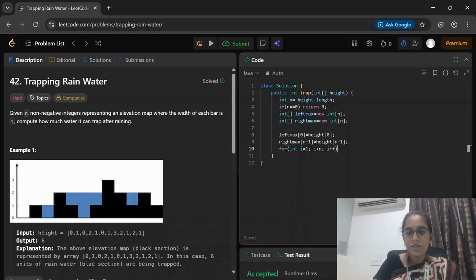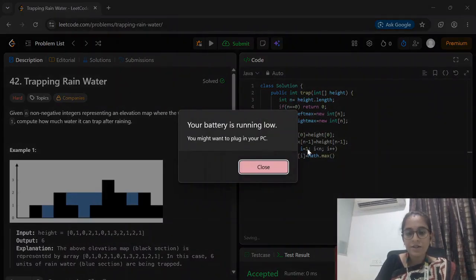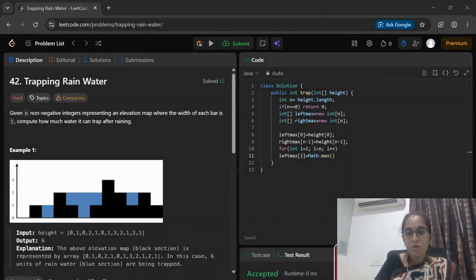So here we calculate the left max of i using Math.max of left max of i minus 1 comma height of i.